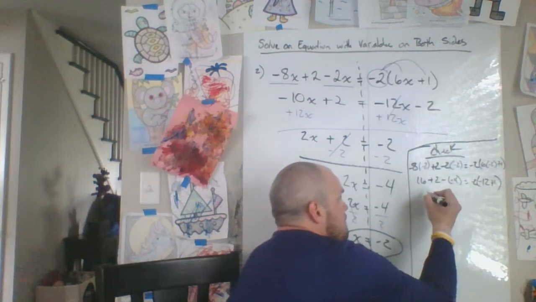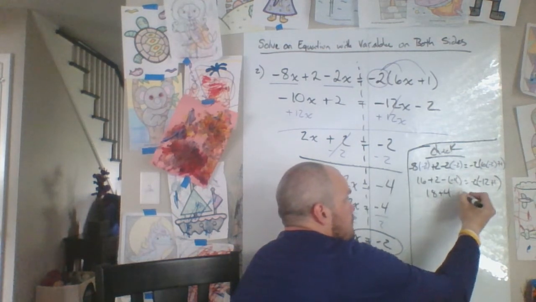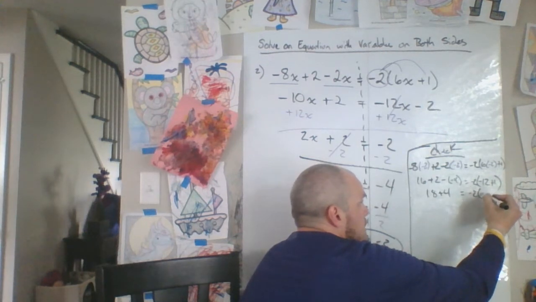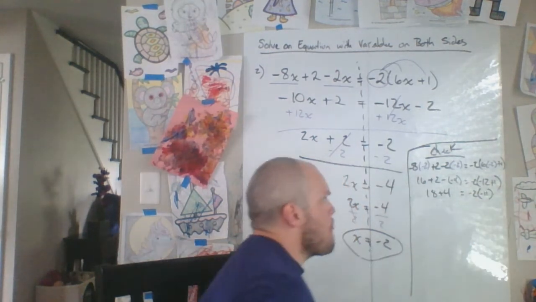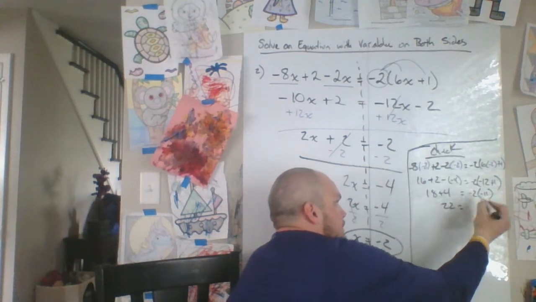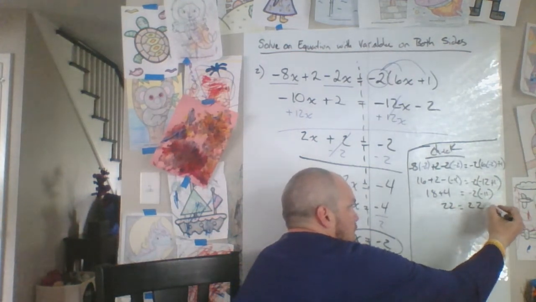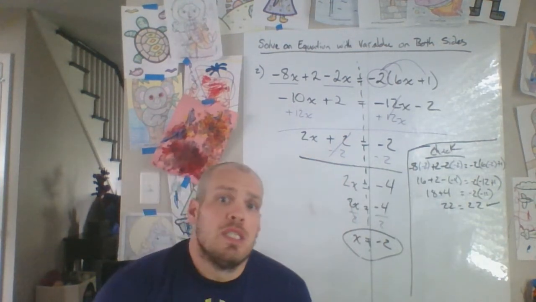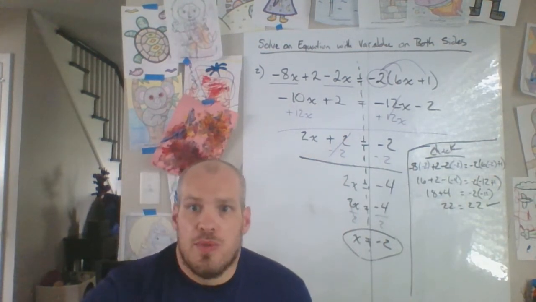I get 18 plus 4 equals negative 2 times negative 11. 18 plus 4 is 22, and negative 2 times negative 11 is also 22. So it does check out. Our solution is x is equal to negative 2.